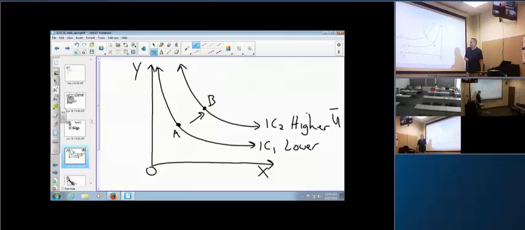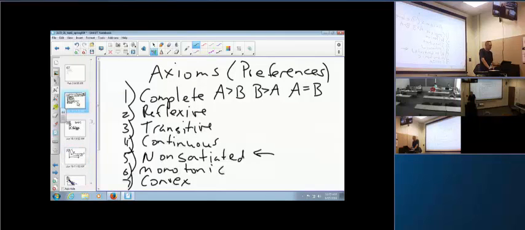That's a U. If I asked you whether you like A or B better, you have to tell me you like B better. And the reason is, it's one of those axioms, by the way, that I probably should have pointed out to you. Non-satiated means that more is better, in the sense that you're never satisfied. That's what non-satiation means. You always want more.